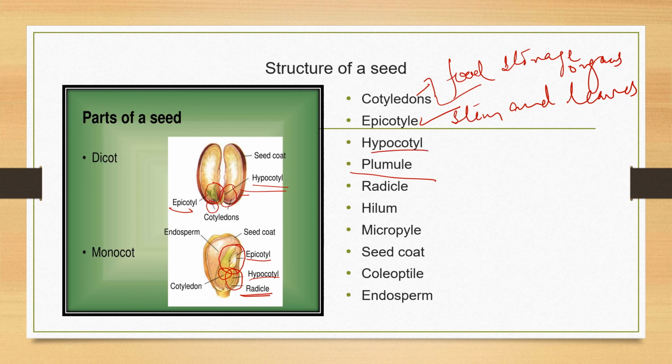So the part which comes in between the cotyledon and the radicle in the seed is called the hypocotyle.